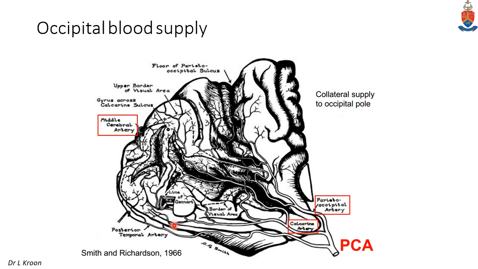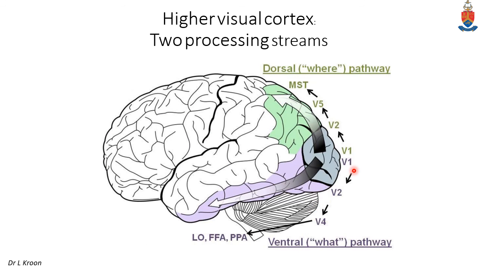The blood supply to the occipital lobe is primarily from the posterior cerebral artery. Here you have the calcarine artery in the occipital lobe, but there can also be collateral circulation from the middle cerebral artery coming over here. After visual information reaches area V1 in the cortex, it gets processed into higher cortical regions, passing through V2 and then V5 and ending up in MST.